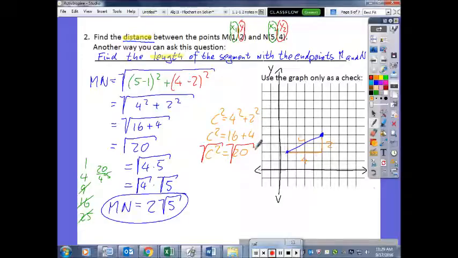Take the square root of that on both sides. C is equal to the square root of 20. And we just did that on the other problem. And therefore we know that C is equal to 2 times the square root of 5. And our answer checks out. Excellent work, guys. Let's continue to our last example.